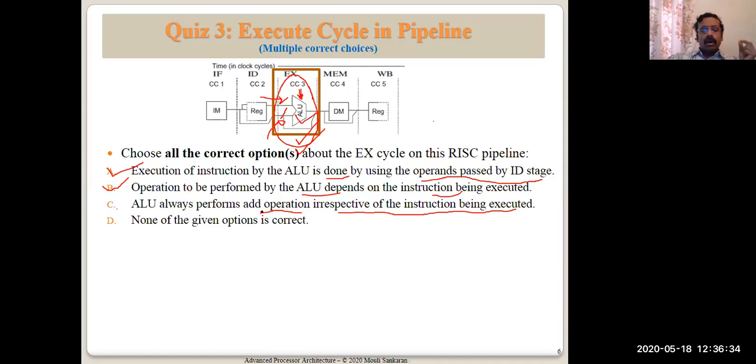You cannot say I will always add. So it's a very silly statement, remove it. If you have chosen A and B, it is correct. I'll assume that 67% have chosen both, but it is difficult to guess.